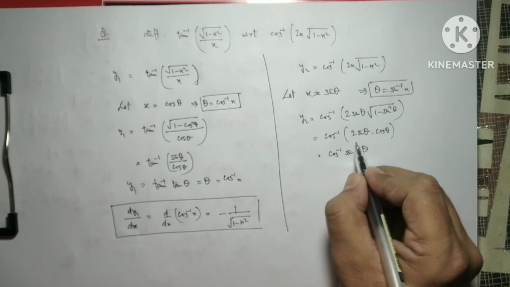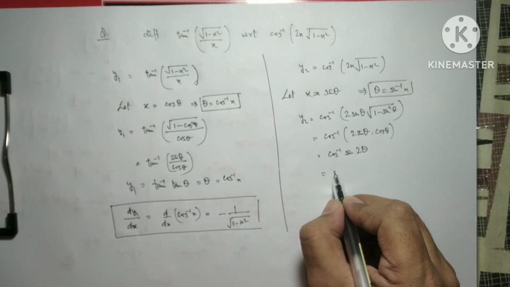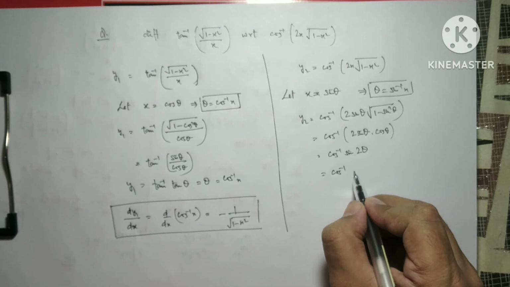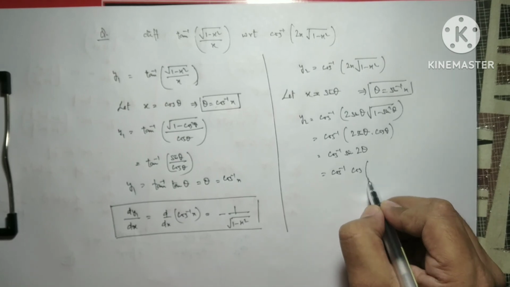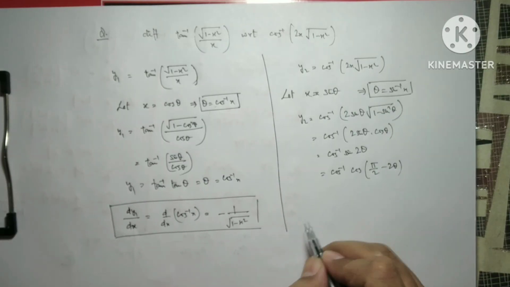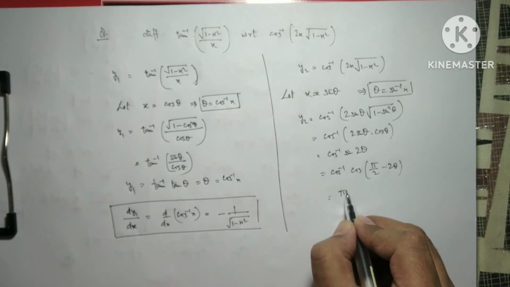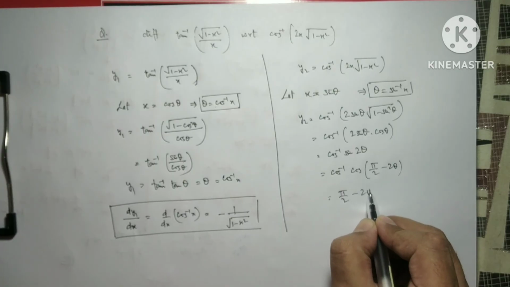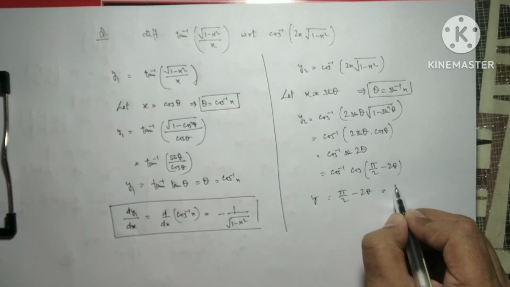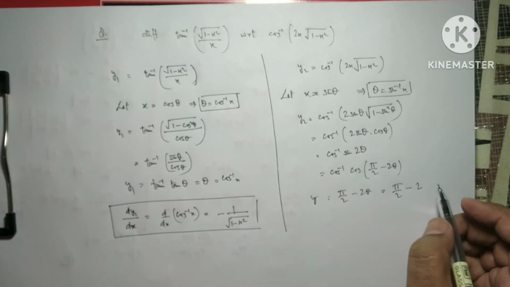So put the value of this sin in terms of cos. So we get cos inverse cos of pi by 2 minus 2 theta. Again this is the same value, so you cancel out. So it is pi by 2 minus 2 theta. Means pi by 2 minus 2 theta, and theta is sin inverse x.